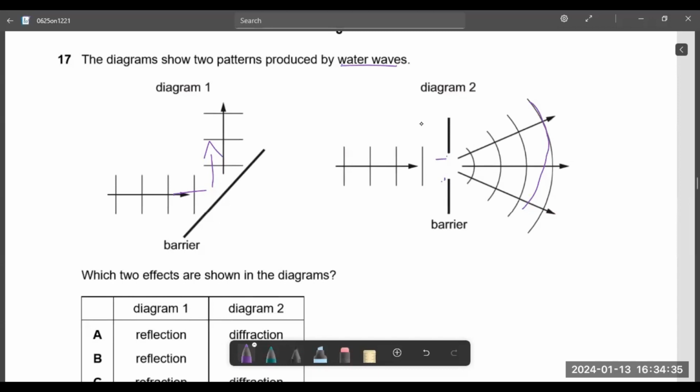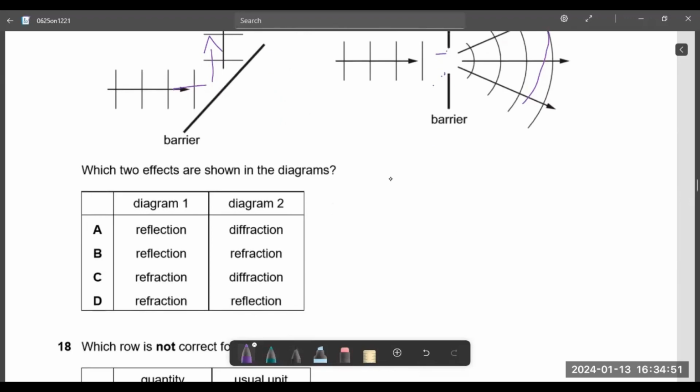And it is actually diffraction. So this one is actually reflection. This is reflection and this will be diffraction. So the right choice is A. Reflection and diffraction.